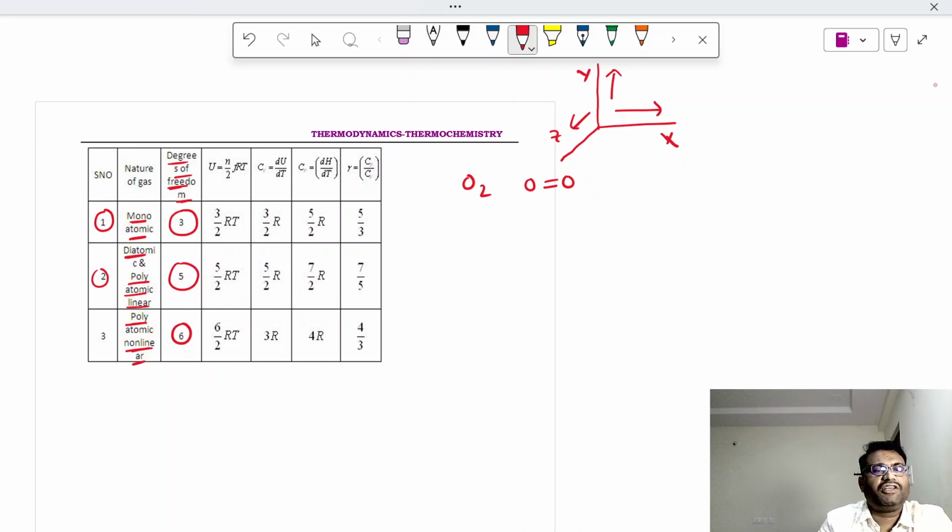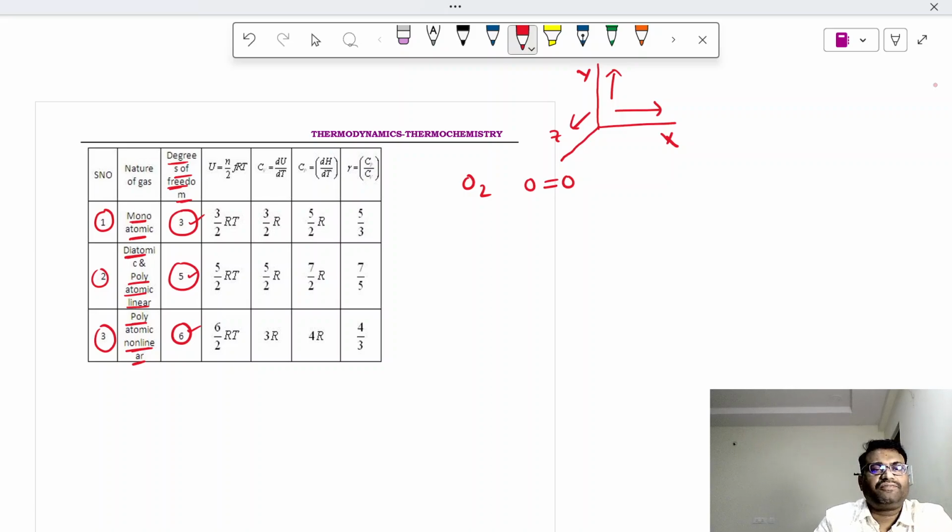In chemistry we have only an introduction to degrees of freedom. We need to remember: monoatomic gas, 3; diatomic and linear polyatomic gas, 5; non-linear polyatomic gas, 6.